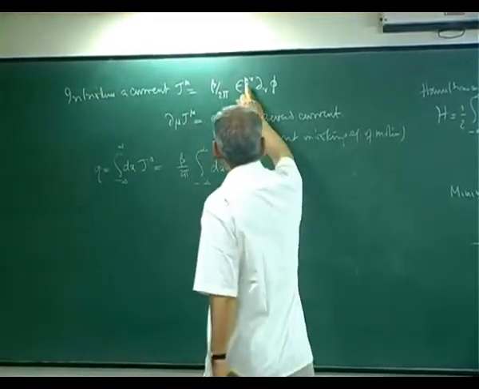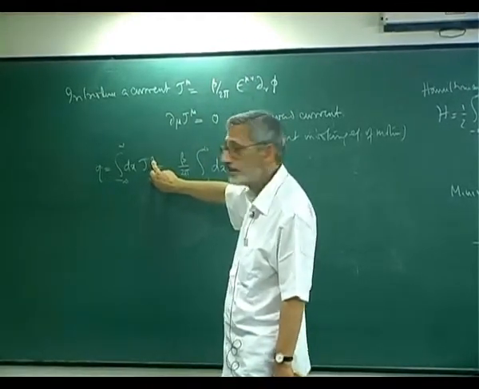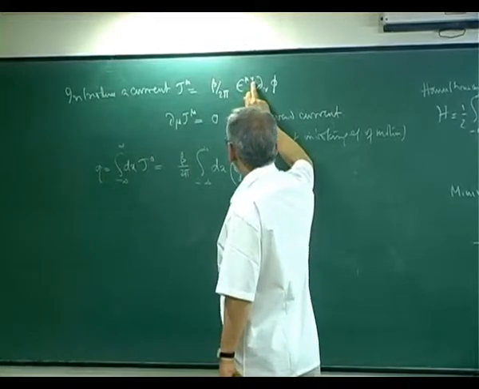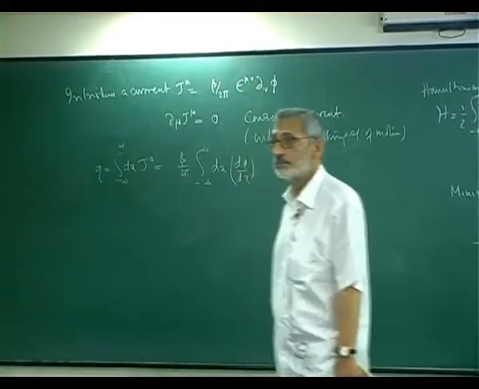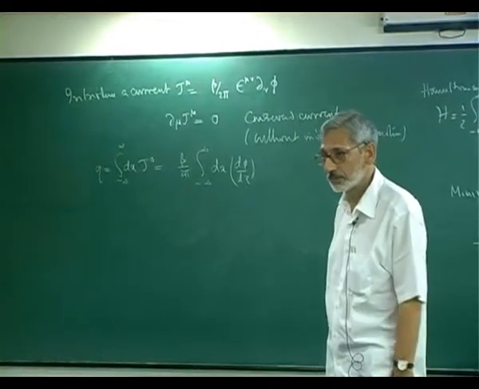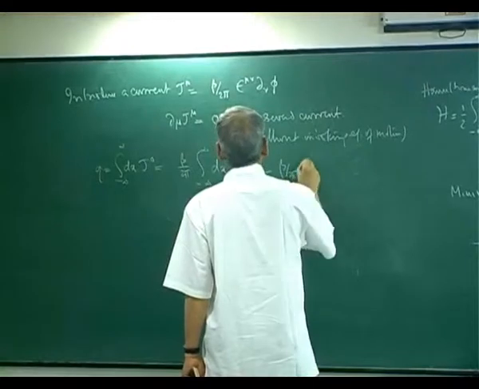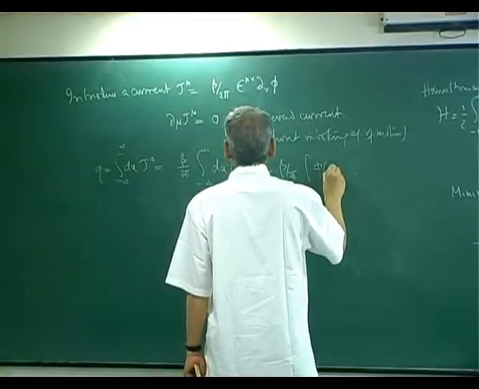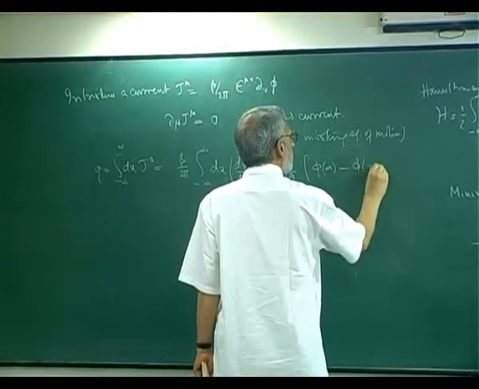Okay. The 0th component is the time component. 0 means time here. So the first component, which is x, is d phi by dx, an integral. That is beta by 2 pi times the value of phi at plus infinity minus the value of phi at minus infinity.